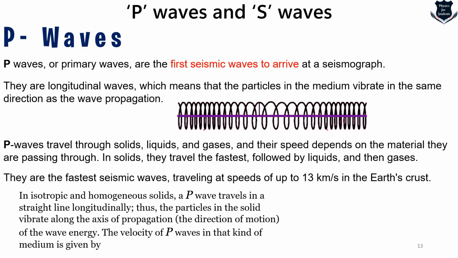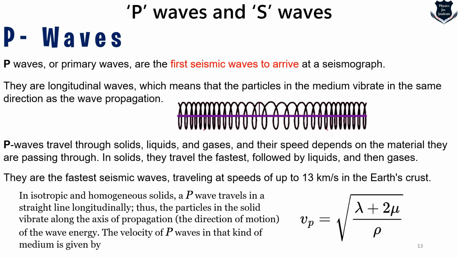If I consider isotropic homogeneous solids and P waves traveling in a straight line, the particles in the solid will vibrate along the axis of propagation, that is in the direction of motion of the wave energy, and the velocity of P waves in that medium is given by this equation.